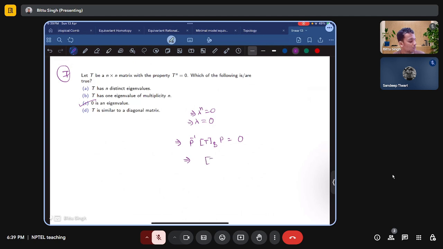But that will imply T is P 0 P inverse, which is 0. But we can choose something non-zero, right? So T is similar to a diagonal matrix, this is false. For example, we can choose this matrix. So C is correct from here. Take T equal to everything is 0 and just above the diagonal put 1.